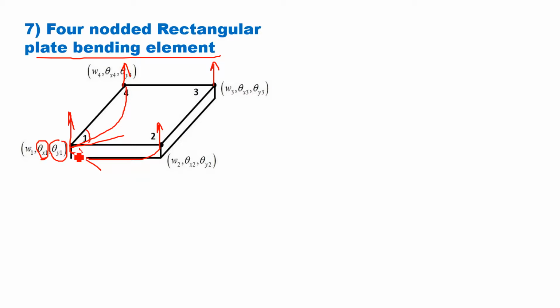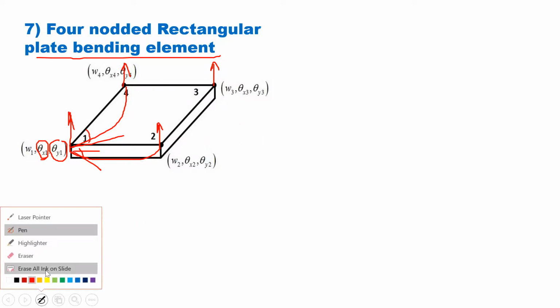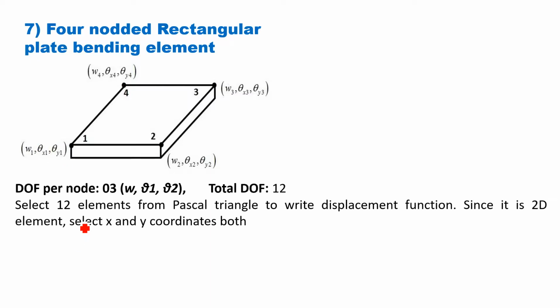Rotation in x direction and rotation in y direction. So at each joint there are two rotations and one deflection. So three unknowns. There are a total of 4 nodes in this plate bending element. So total degrees of freedom will be 12. Okay, per node it is 3, W, theta 1 and theta 2. Total nodes are 4. So total degrees of freedom are 12.